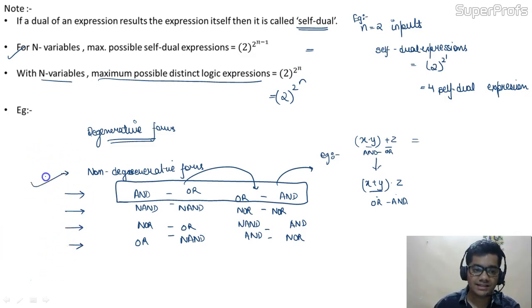You can make this table also. This table is useful for two purposes: first, to know the non-degenerative forms, and second, for the dual forms. So you can write these 3 points, construct this table, then we move towards our complementary theorem.